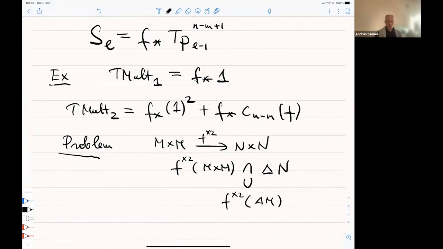It doesn't have the right dimension for the intersection. So if you just did the usual naive thing, you would get this term, and then this is a correction term for this excess intersection. Roughly that's the problem.